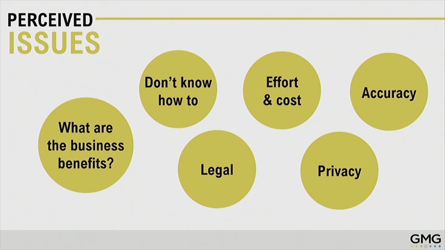Privacy, we all know what privacy means in the context of ourselves. We don't want our names, our dates of birth, our social security number out there in the wild. But in the context of a mining company, we're also talking about the privacy of assets. You probably don't want your asset serial numbers out there.